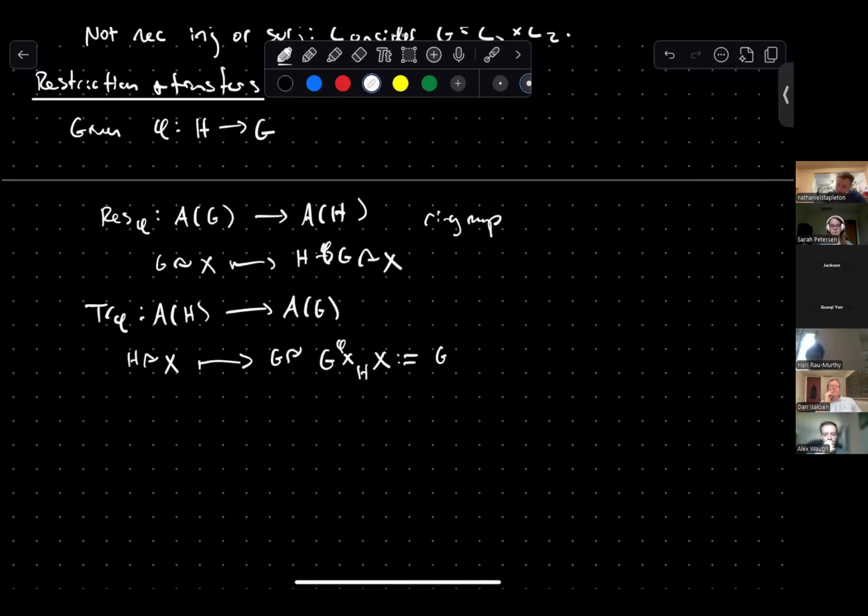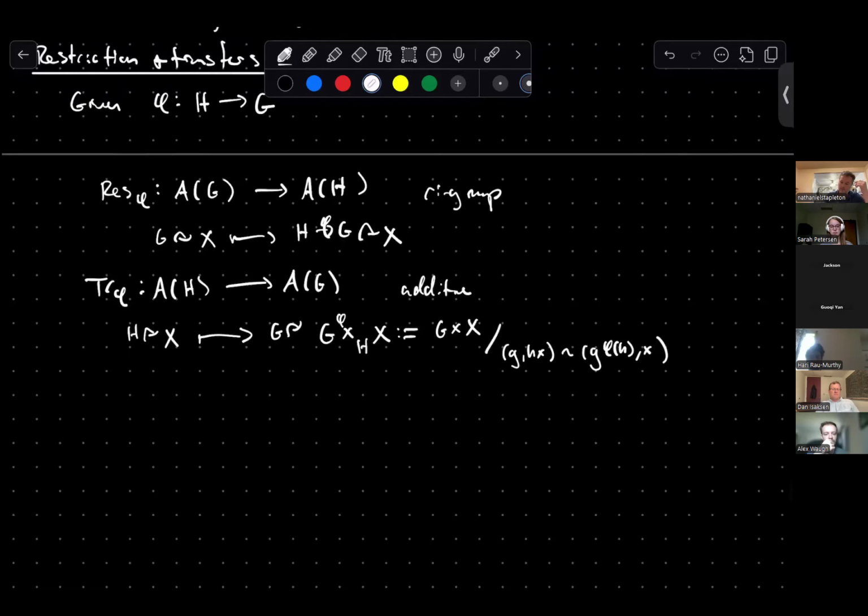This is the quotient of G times X by the relation that (g, hx) is related to (g phi(h), x). So it's a kind of Borel construction or co-equalizer. And that's the transfer map. This is additive as before.